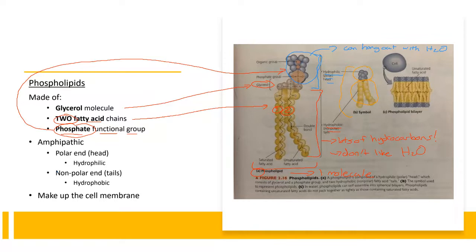We're going to have all of these heads, the heads of the phospholipids, and they can hang with H2O.